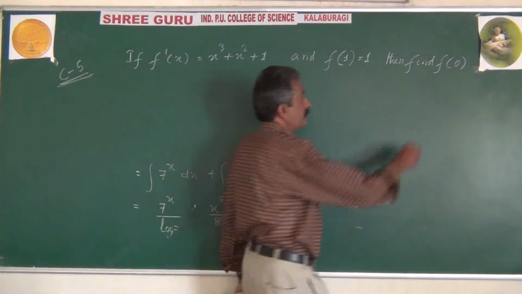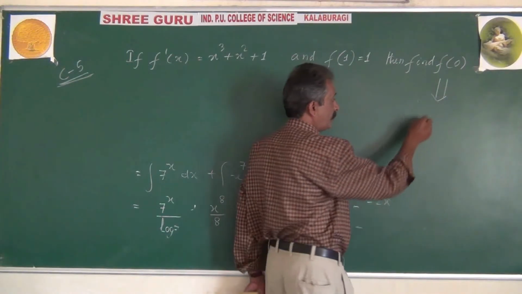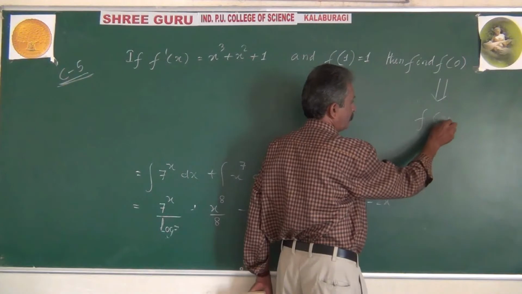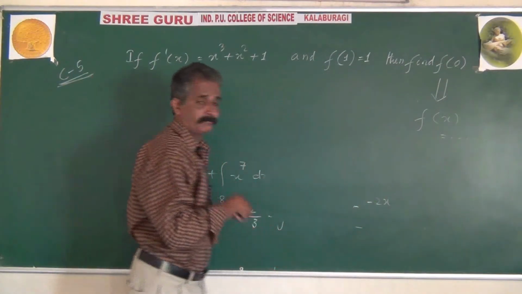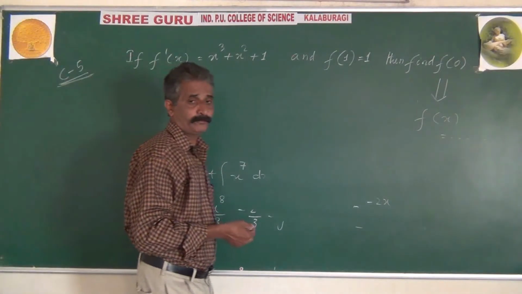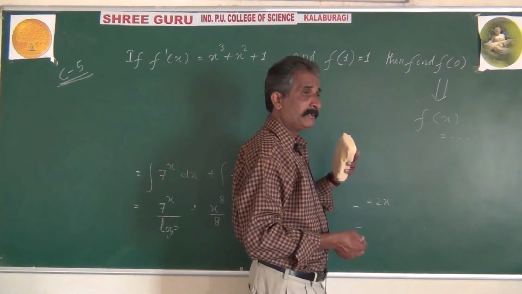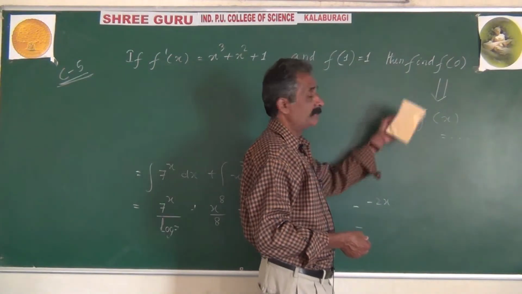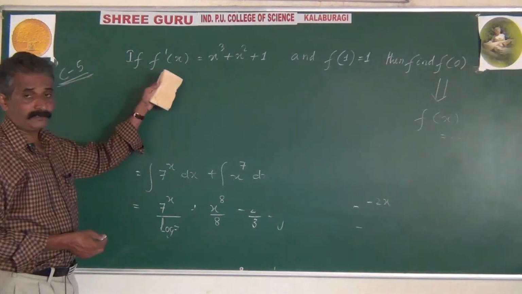And more importantly, when you want to get f of 0, you have to first get f of x. After getting f of x as an expression, by putting x equal to 0, we can easily get f of 0. But we first require f of x. For that, we have to make use of f dash x.